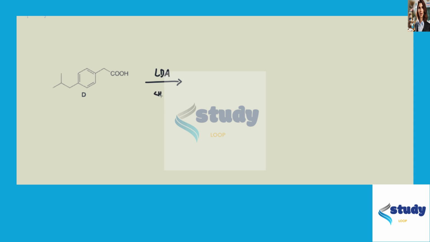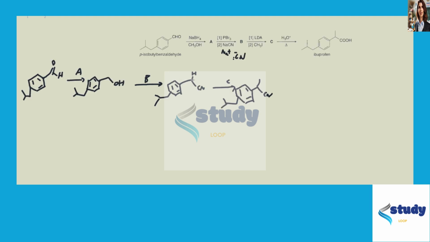and CH3I, well, LDA, like mentioned before, will rip off your most acidic proton. So in the previous case, the most acidic proton was the alpha proton here. This would be the most acidic out of this entire molecule. But in this structure D, if I were to just redraw that underneath here, we actually see something interesting, that the most acidic proton in this case now is not the alpha position.